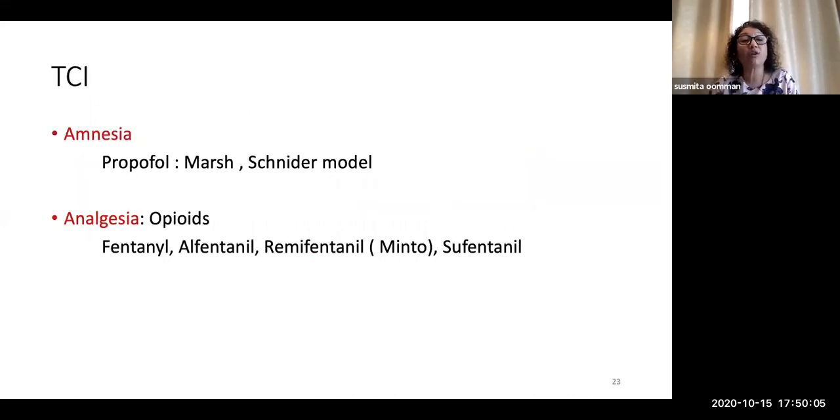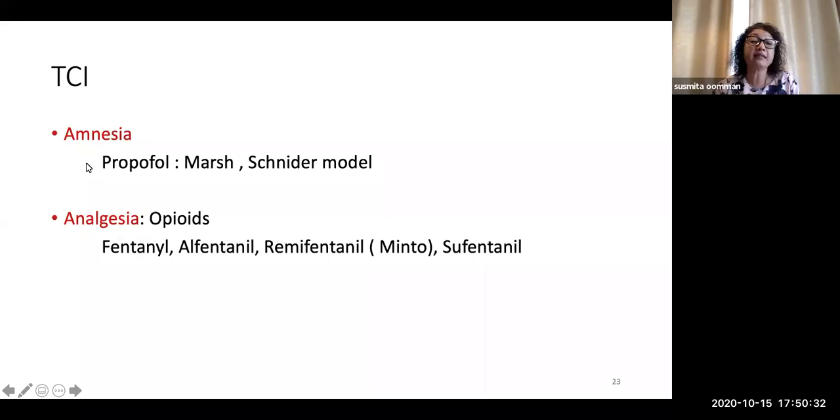What does it cause? It causes amnesia. What do we use? We use propofol. What models do we have? We have models called the Marsh and the Snyder model. In the UK, it is the Marsh model, which is the most popular. And it is the Marsh model that we have incorporated in all our machines, so that when we put in our parameters, we ensure it through that calculation.